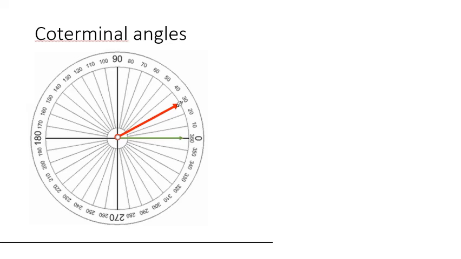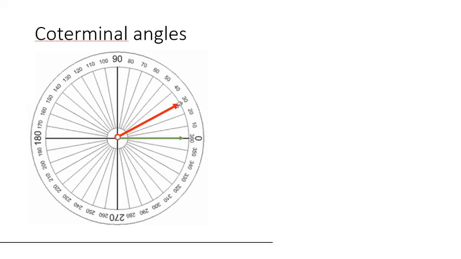Now we have what's basically described as a coterminal angle. So all coterminal angles are angles where the terminal side and the initial side are exactly the same. And we can get coterminal angles basically by adding or subtracting 360 degrees, or multiples of 360 degrees, to the angle that we have.